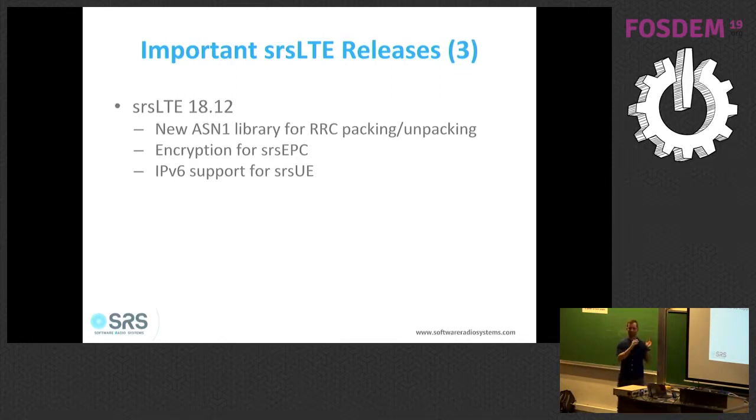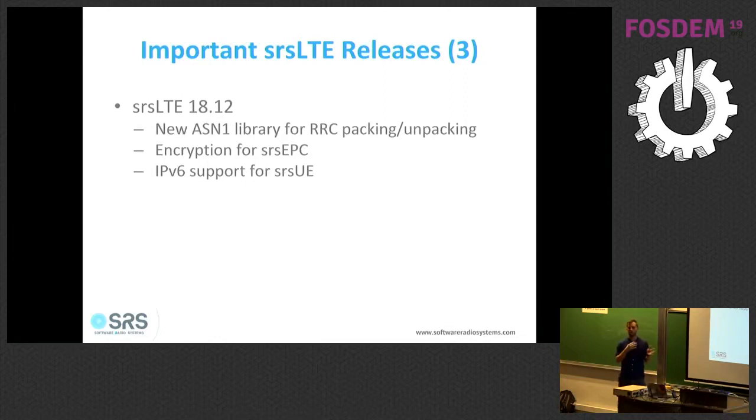So that's a big dilemma in all the open source radio projects. In order to pack and unpack these messages, you need to understand ASN1, and we've previously relied on code from OpenLTE.